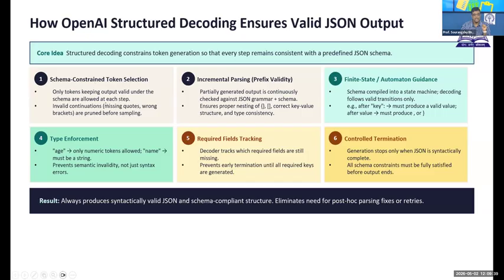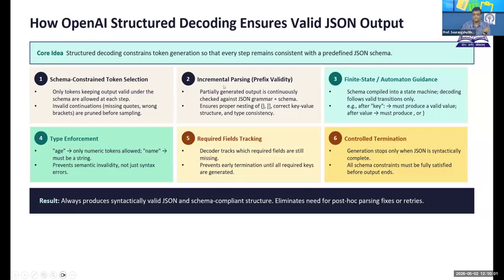Then when the underlying LLM generates tokens, it does what is called schema constrained token selection. So at every state it uses some sort of masking mechanism, similar to what we have described, to do schema constrained token selection.